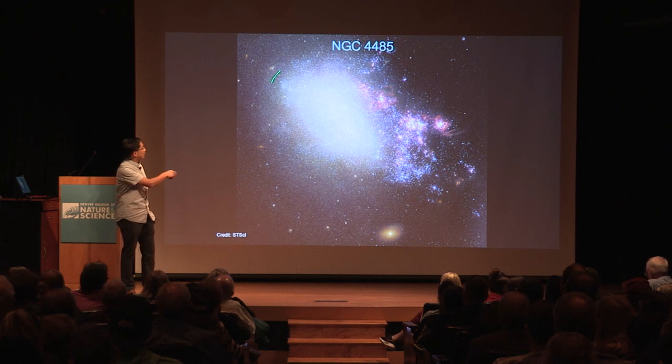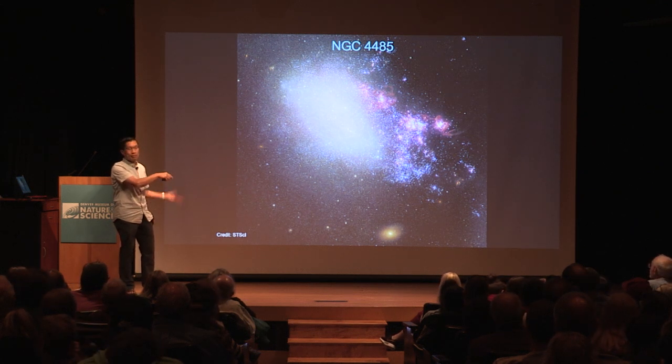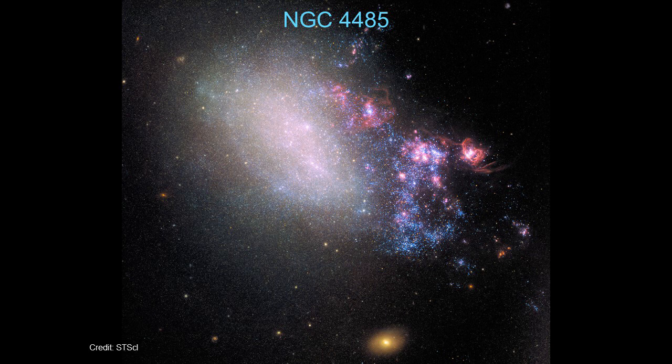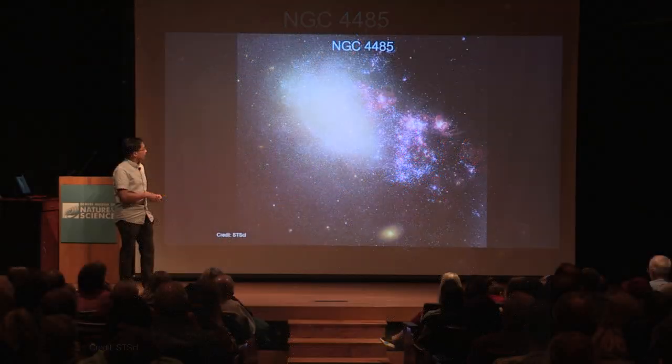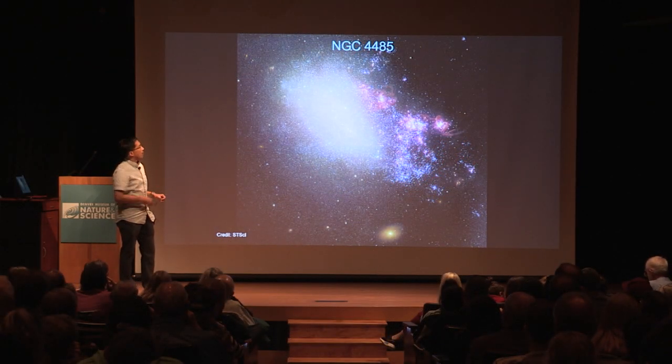But what's really interesting about this galaxy is that part of it looks normal, or what we think should be normal, but the other half looks kind of crazy with all these stars and red nebulae popping out on the right side. This is kind of a two-faced galaxy, and it turns out that this Hubble image actually clips off the interacting galaxies.